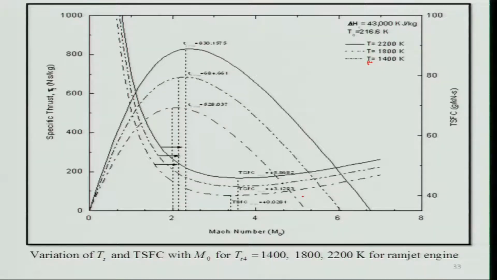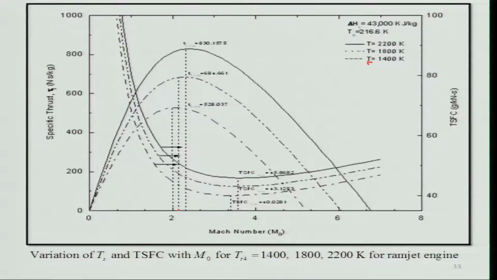The question arises why this is happening, right? And another interesting thing you can observe is that when the Mach number is 0, the specific thrust is 0. If I increase the temperature to 1800 Kelvin, you will get similar features, increasing and then decreasing, but its peak value has increased from the lower temperature to the higher temperature, and the peak specific thrust also occurs at a little higher Mach number.